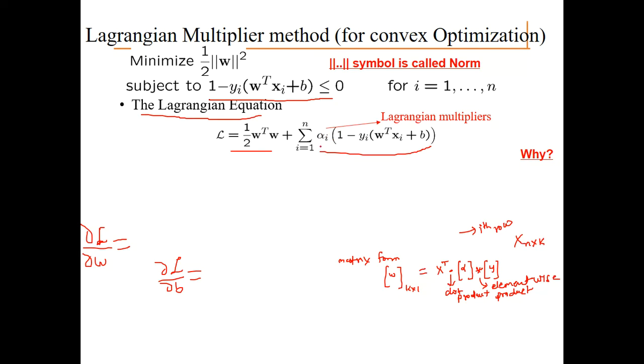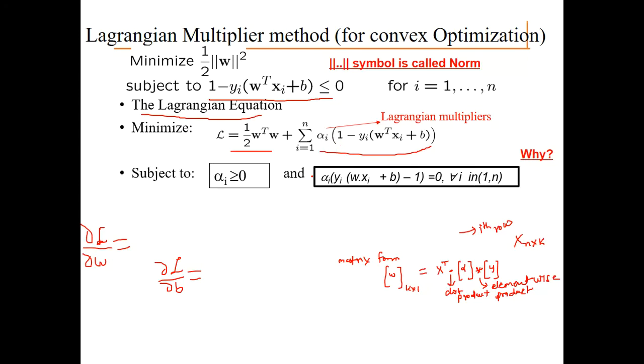So we shall get another set of constraints, which would be the Lagrangian multiplier multiplied by these constraints equal to 0.